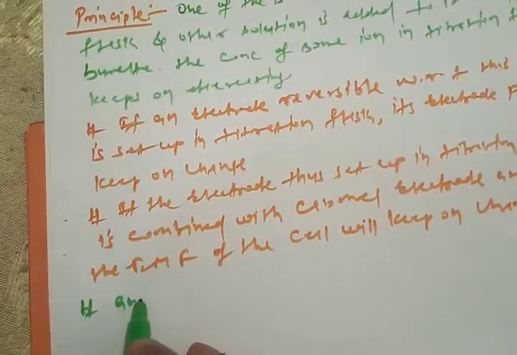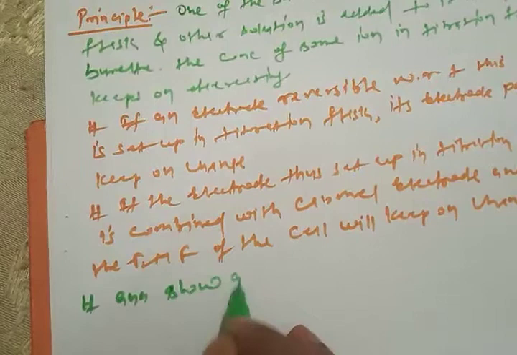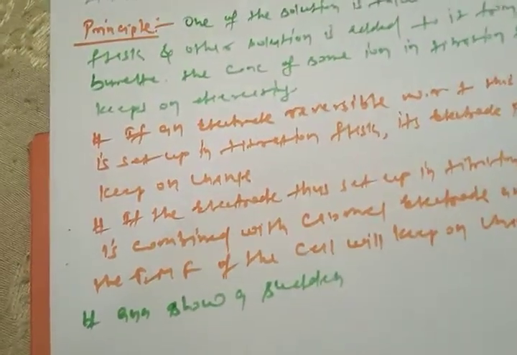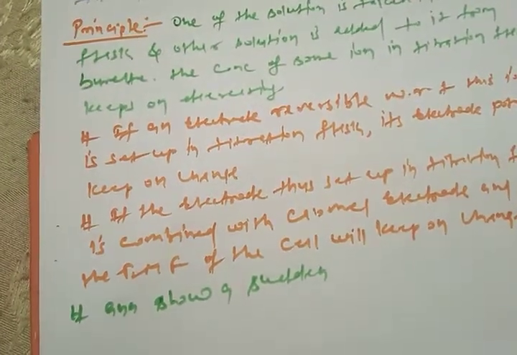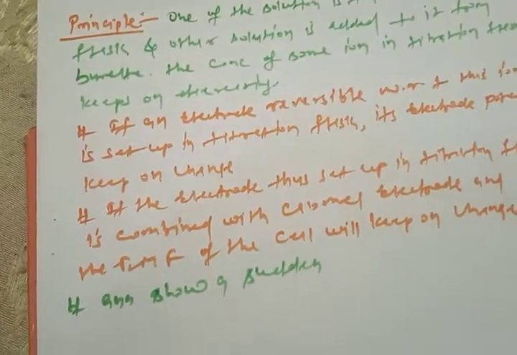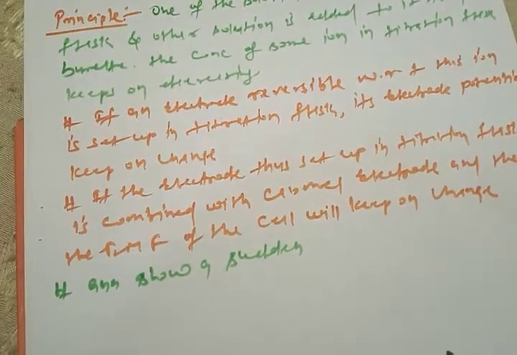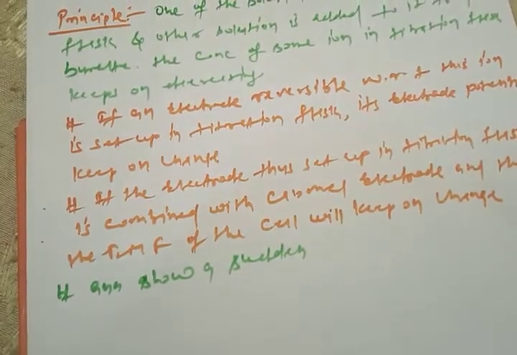So I'm writing again in a different color: show a sudden change. Sudden change means where the reading changes sharply, maybe it increases or decreases. Suppose the reading was 5.3, and then in the next drop you get a reading of 8.9.